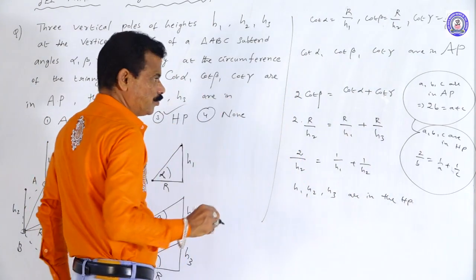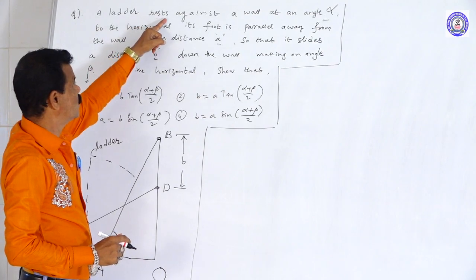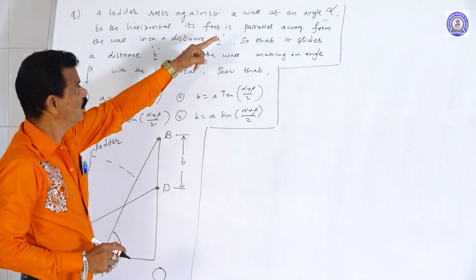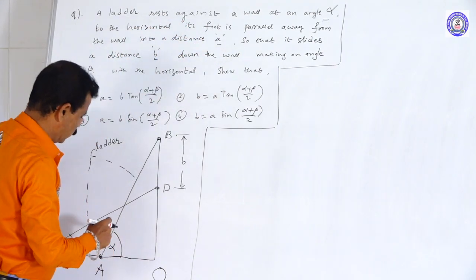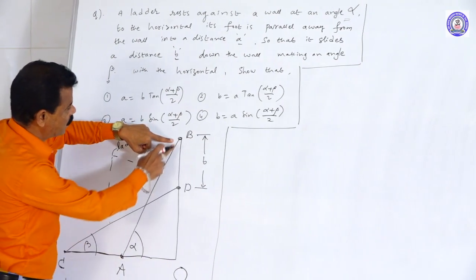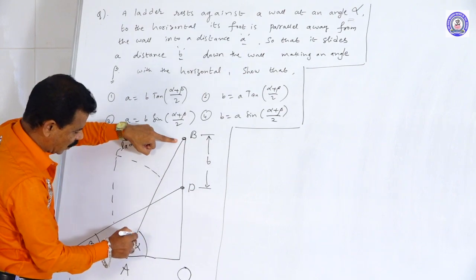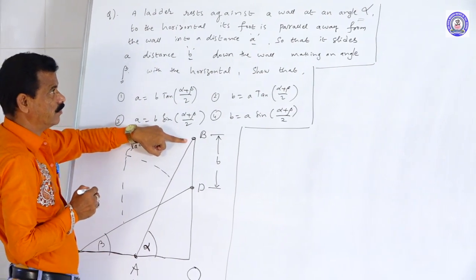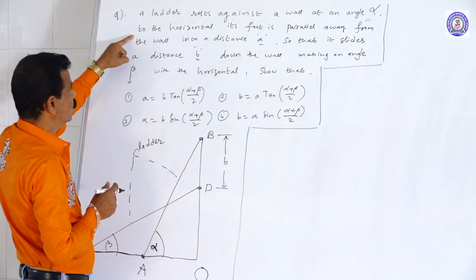Third question. A ladder rests against a wall at an angle alpha. This is the ladder. This ladder rests on a wall with angle of elevation alpha given, to the horizontal.